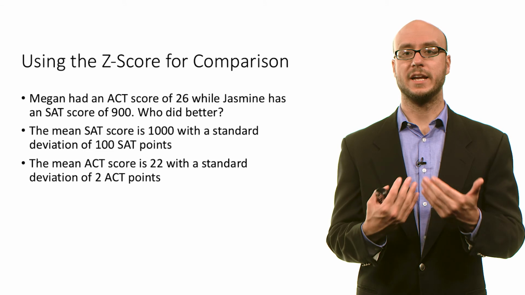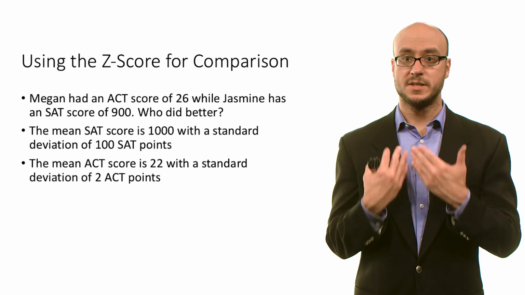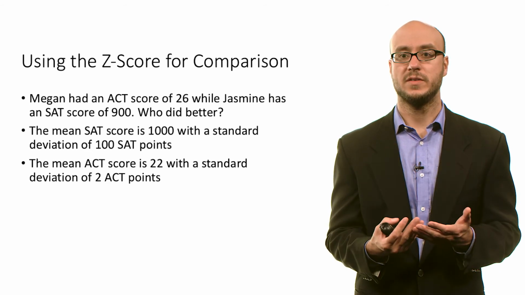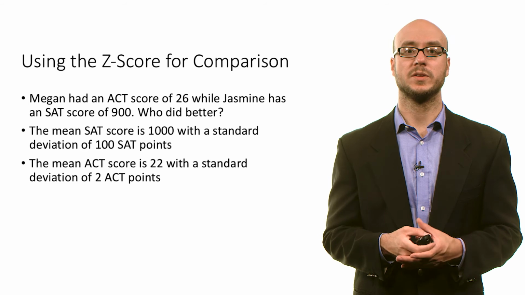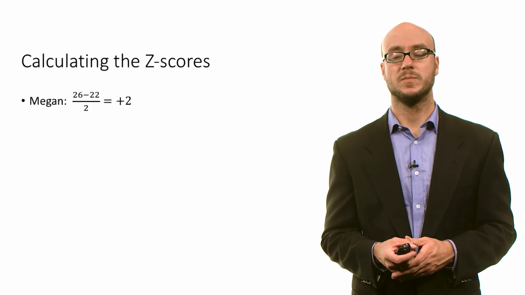Then we can compare Megan and Jasmine on a similar metric, with a mean of 0 and a standard deviation of 1. So let's calculate z-scores for both of these students.